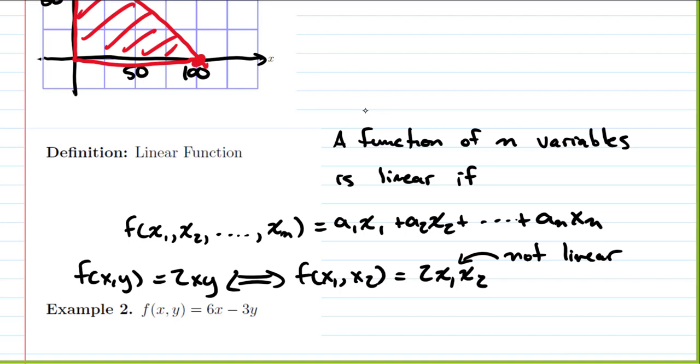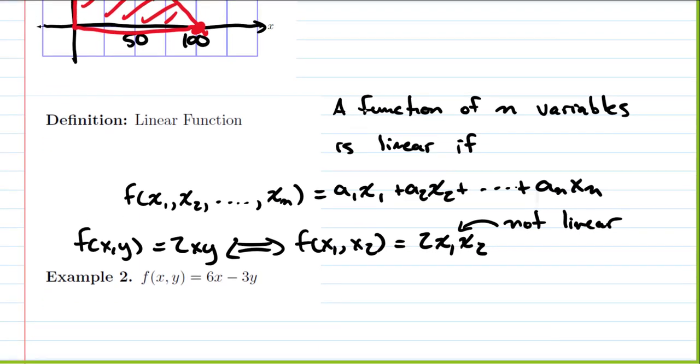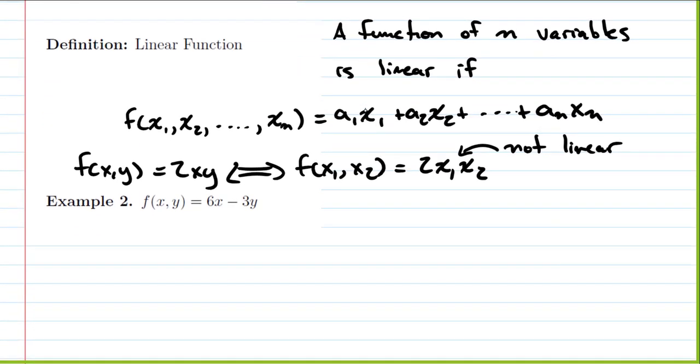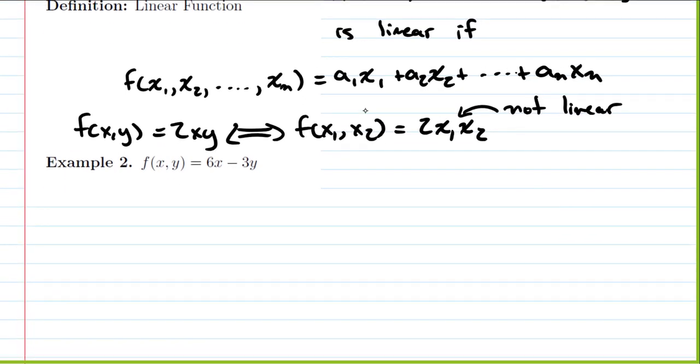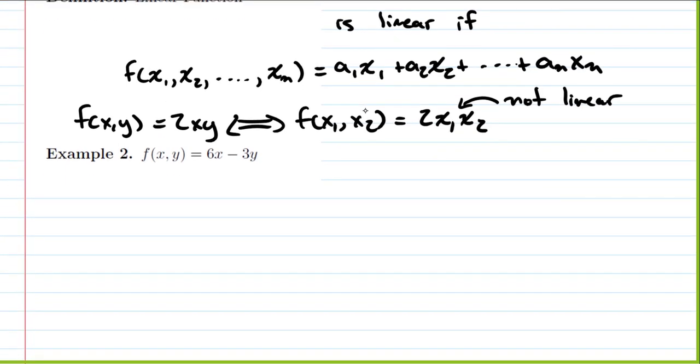And then you can add as many of those up as you need to continue to have a linear function. So for example number 2, we have a linear function. This is linear in both x and y.